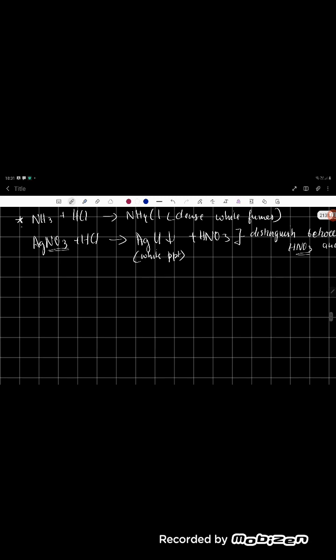Another test you can use is action of heat on manganese. MnO2 plus 4HCl, and you provide heat to this. On doing so, you get MnCl2 plus 2H2O plus Cl2.